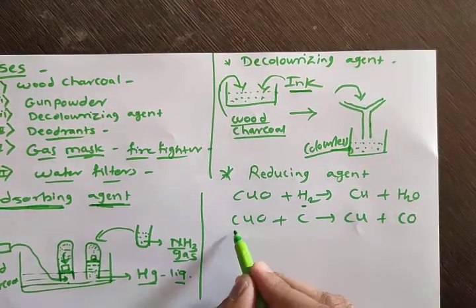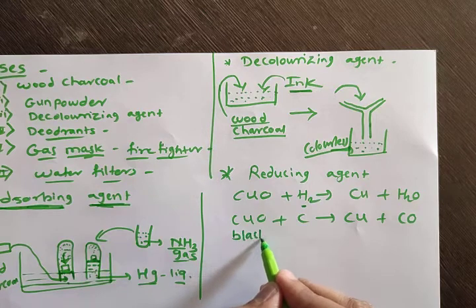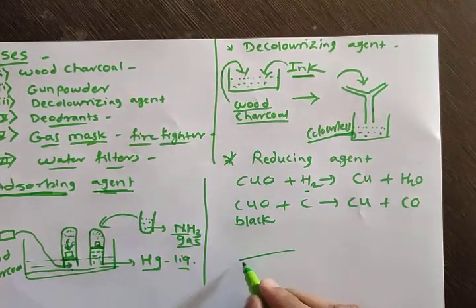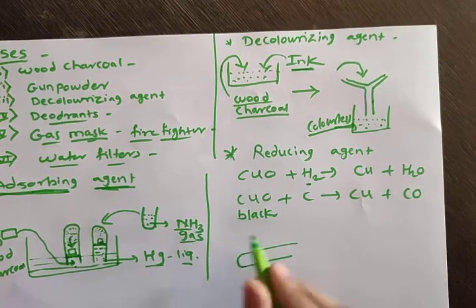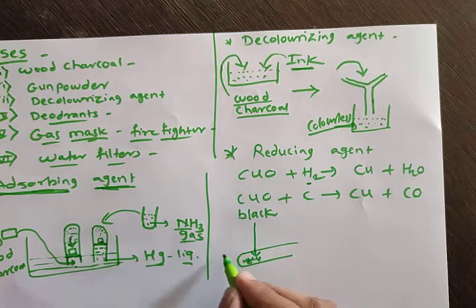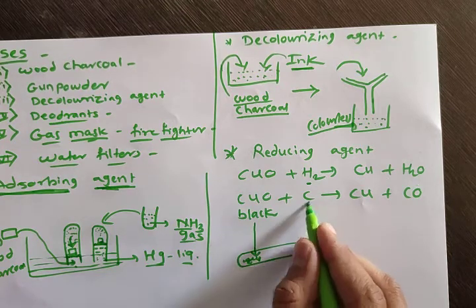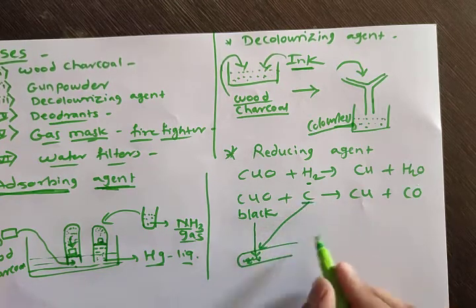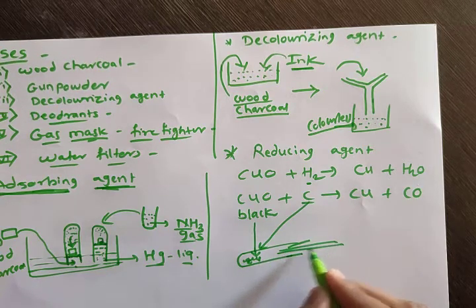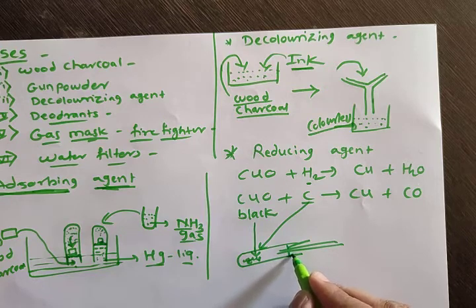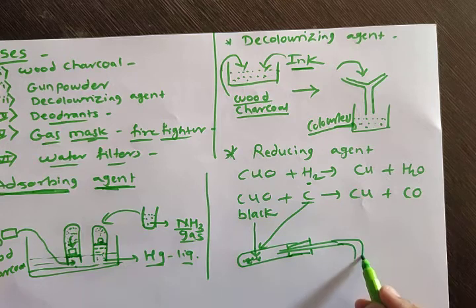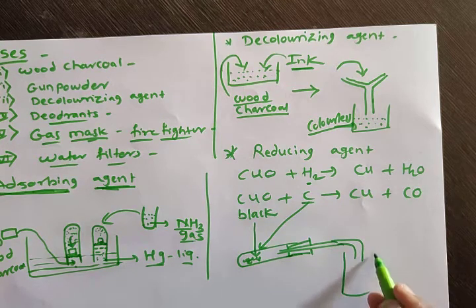You know this copper oxide is black in color. So what will you do? We will take again a hard glass test tube. Inside this test tube we will take copper oxide and wood charcoal. Then we will take one delivery tube, fit it with the rubber cork, and this delivery tube is dipped inside the solution.